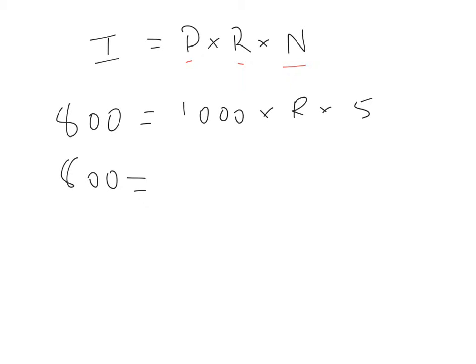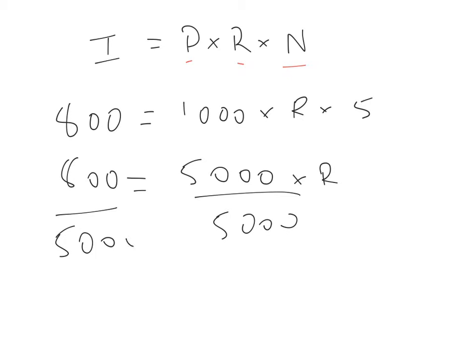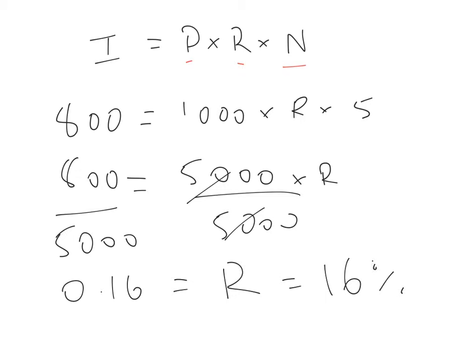So 800 equals 5,000 times R, and divide by 5,000, and 0.16 equals R. The two 5,000s cancel each other out. So that's 16%.